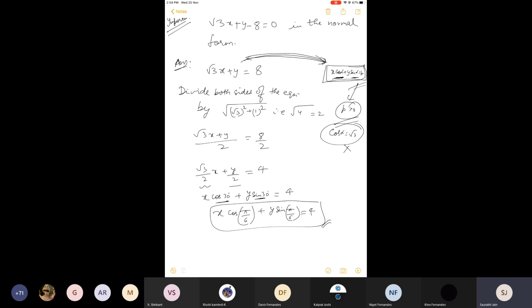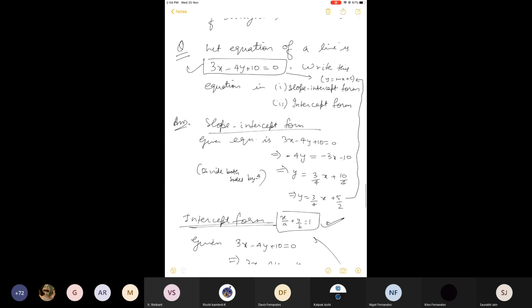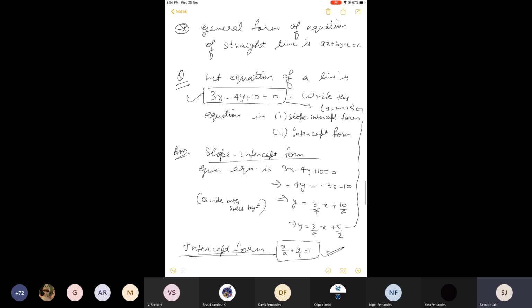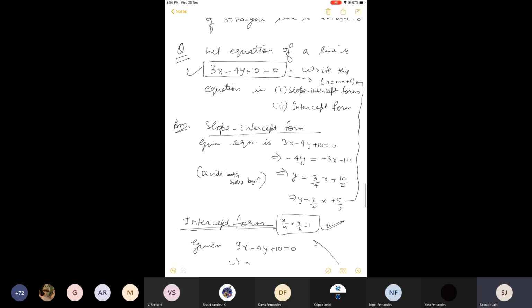Overall, these three particular questions, let us have a brief recap. First thing, if you have to write the equation of line in slope intercept form, that means y equals mx plus c, I told you, you take all the terms of x and constant to the right hand side and leave only the term of y on the left hand side.